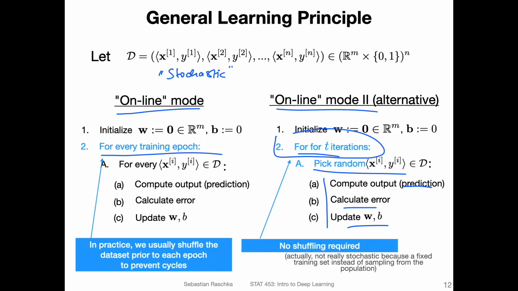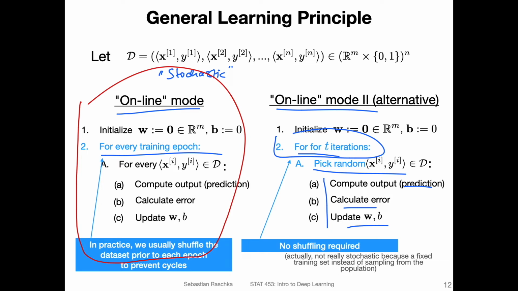On the right-hand side, this is usually what people call the true stochastic mode. That is something you find sometimes in statistics papers, because it's easier with that one to derive certain theoretical proofs. It's mathematically a little bit easier to handle than the left one. But in practice, the left one is usually used more often because you get better results with it, because you guarantee that each data point is used, and each data point is used the same number of times.